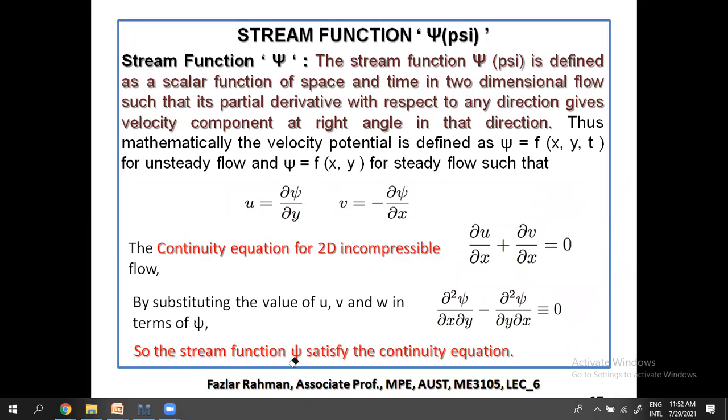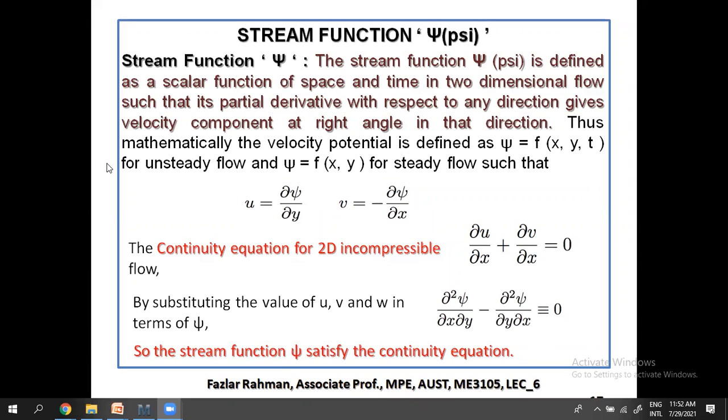Okay, so the stream function satisfies the continuity equation. That means if a stream function does not satisfy the continuity equation, then it is not a real stream function; something is wrong in the equation.